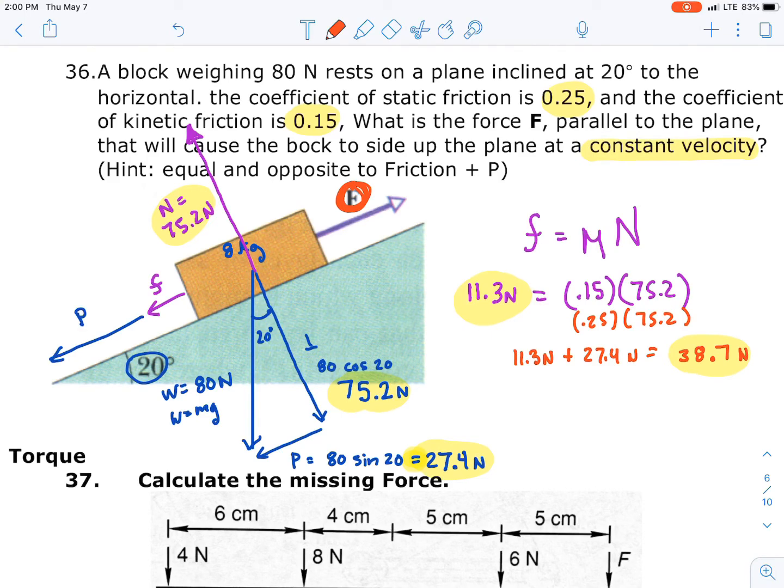So 0.25 times 75.2 equals 18.8. So to overcome static friction, you'd have to take 18.8 newtons plus the 27.4 newtons just to get it started moving up that hill, right? And I won't even calculate that out because it doesn't ask for it.